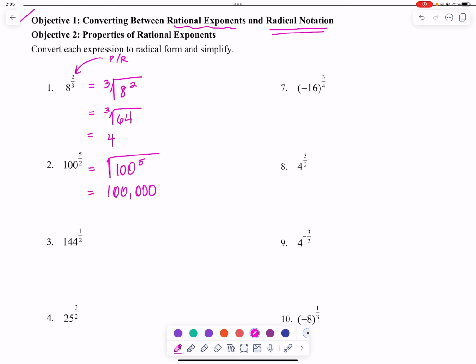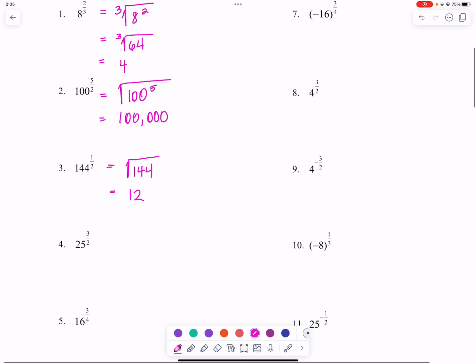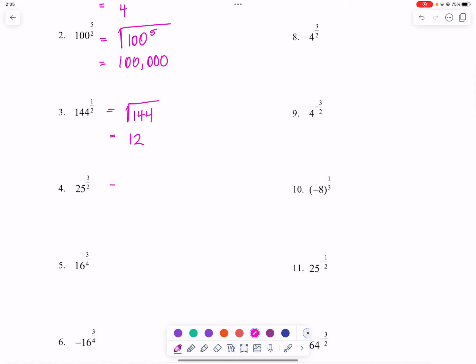Okay, looking at number 3, we have the square root of 144, and we know that is equal to 12. In number 4, we have power over root, the square root of 25 cubed. Now, there's something else that we can do here.